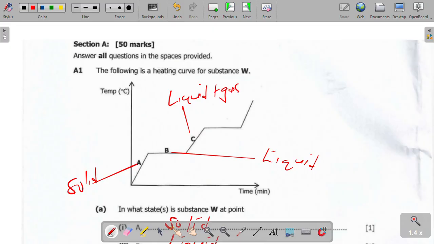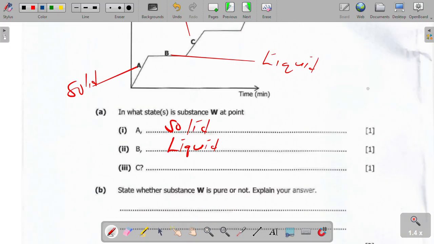Liquid plus gas, but mainly here it is liquid. I hope you are copying notes, very important.